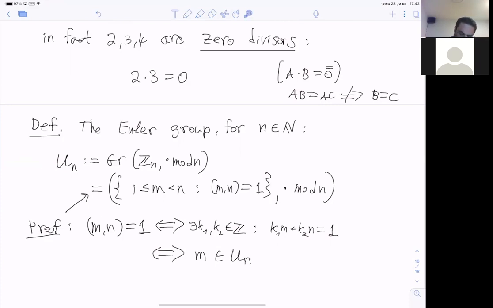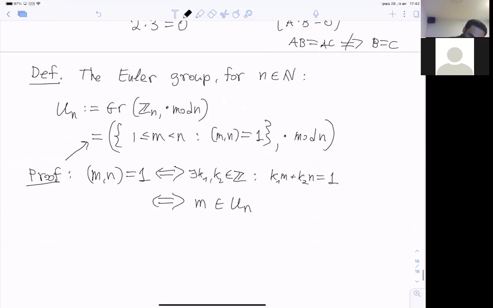It means that you have a number that multiplied with m is 1 modulo n. So being invertible means that you must be coprime to n.